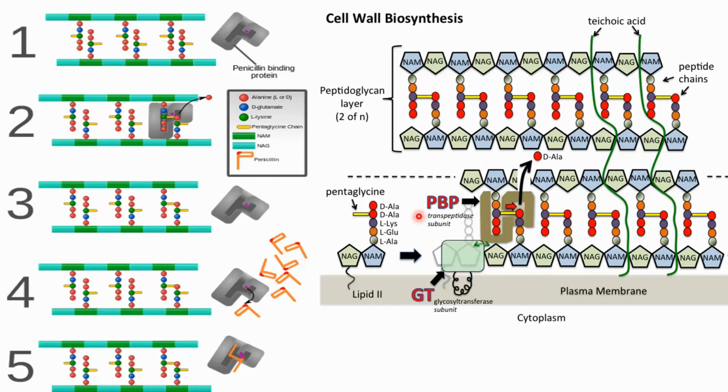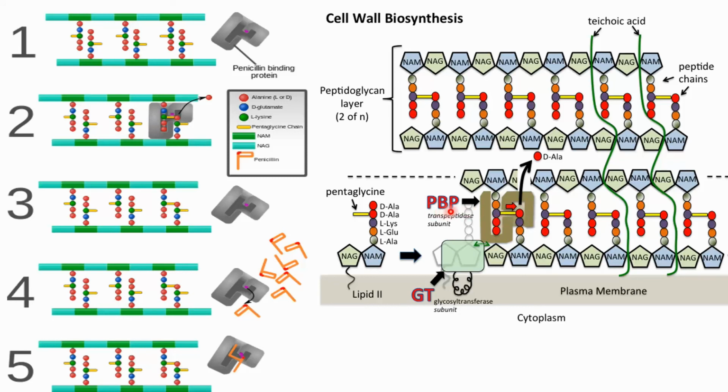So what penicillin derivatives basically do is bind with penicillin binding protein, and once they bind, they prevent the binding of alanine with lysine. Here you can see this bond, indicated by the yellow color, will break. It is the transpeptidase that has to form a bond between this alanine and the lysine.